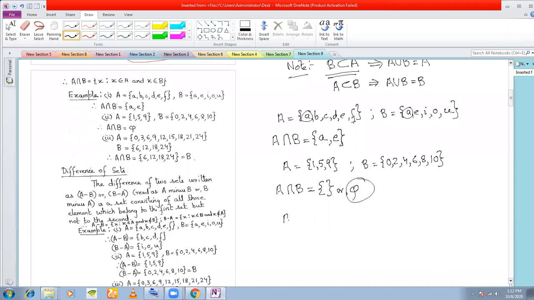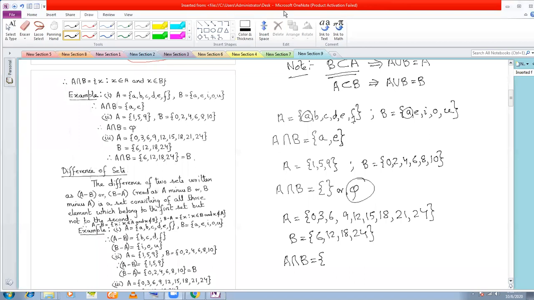Last example. A is equal to 0, 3, 6, 9, 12, 15, 18, 21, 24, and B is equal to 6, 12, 18, 24. A intersection B: what are the elements that are common to A and B?